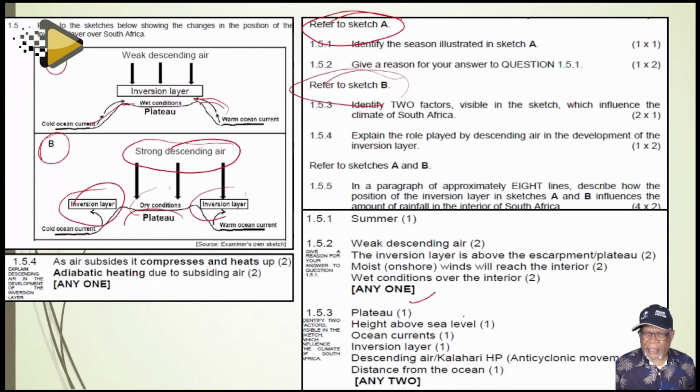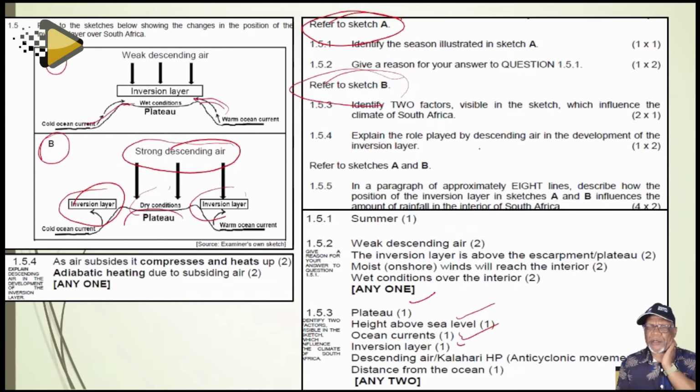You can see height above sea level, ocean currents. You can see everything here. So the examiner wanted to give you free marks. But you'll find that some people are not getting it right because some people will not read. This is just free 2 marks.